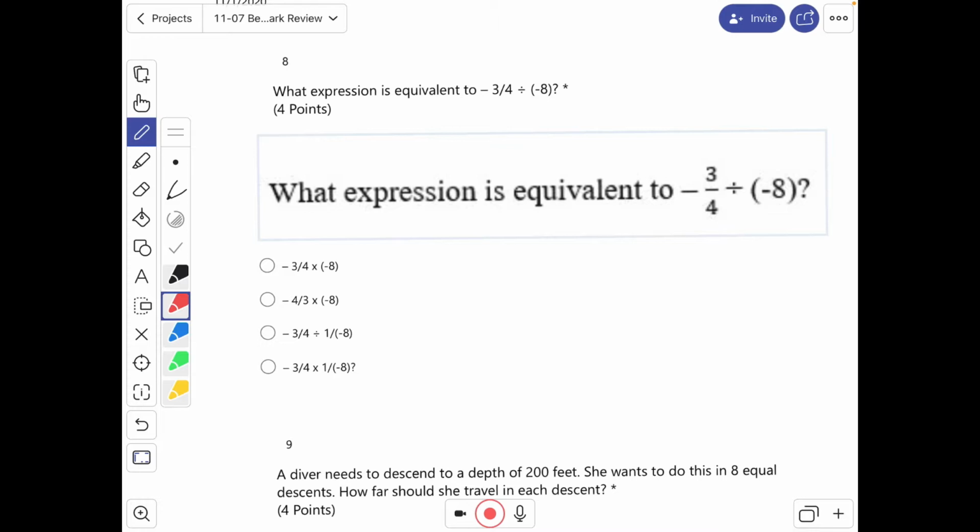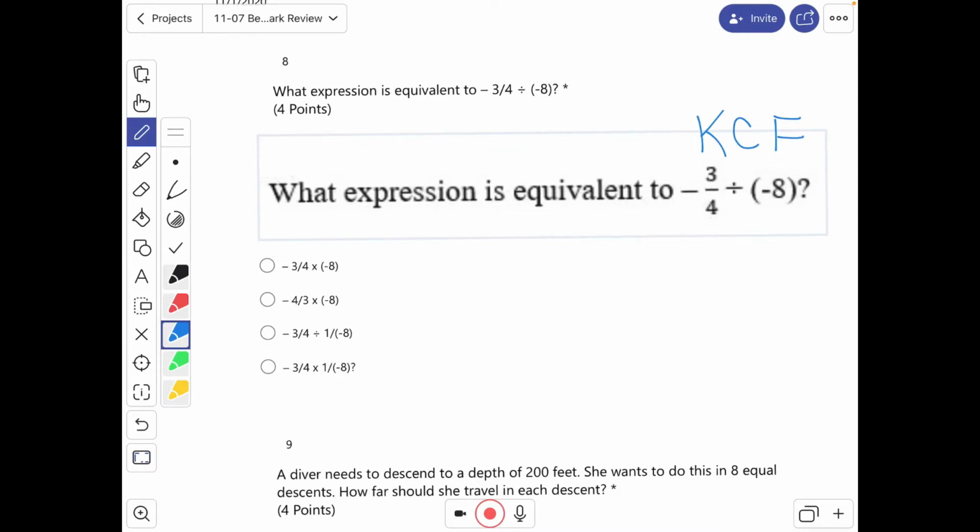Number 8. What expression is equivalent to negative 3 over 4 divided by negative 8? Well, to figure out what expression would be equal, we have to remember the rule for division is keep, change, flip.